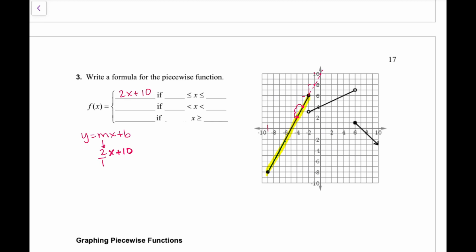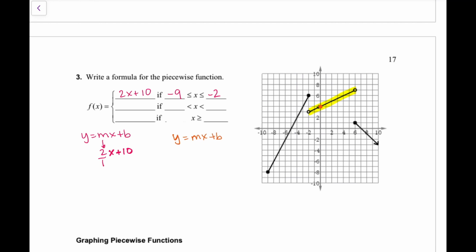Now let's look at what the x's are. It's going to be y equals 2x plus 10 if x is in between this point right here at negative 9 and this point right here at negative 2. For the second piece, we're looking at this equation right here. We have our equation y equals mx plus b.